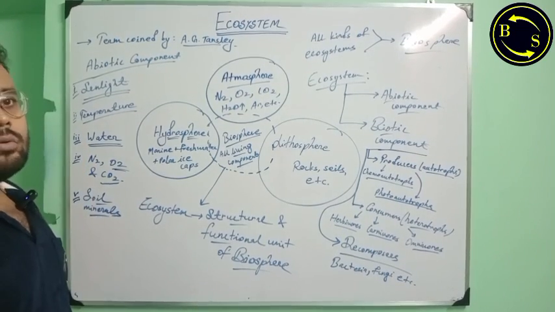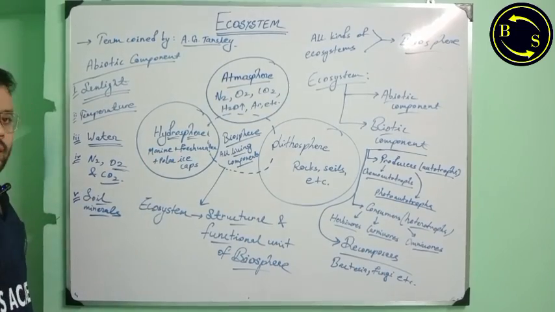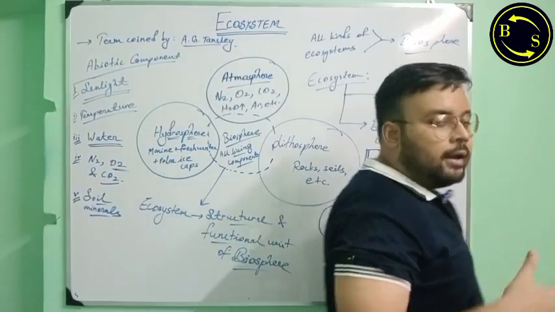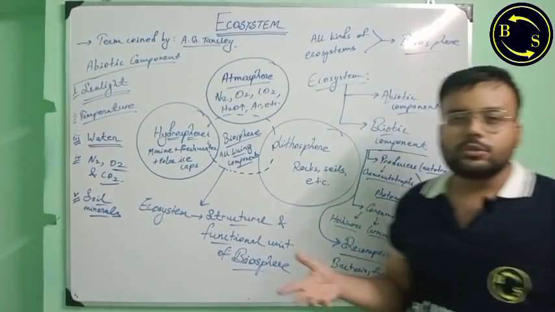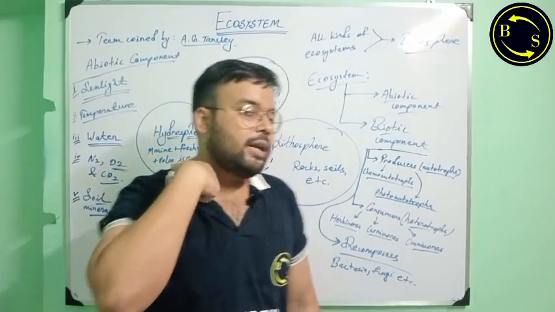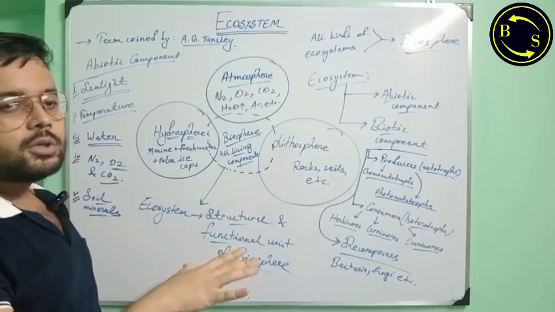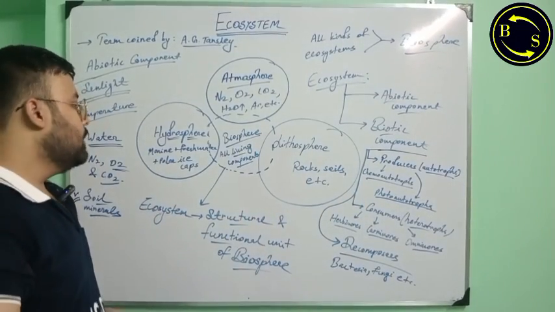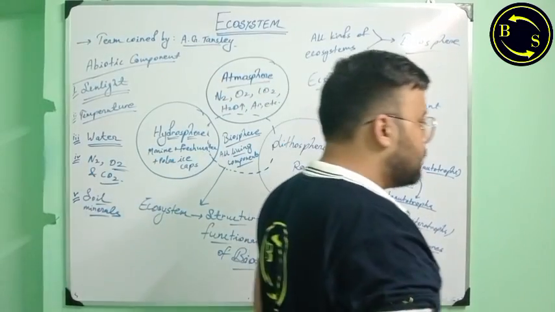Producers, in order to perform photosynthesis, capture sunlight. Only 10% of the total sunlight that falls on the producers or the photoautotrophs is utilized for photosynthesis. The rest 90% is radiated back to the atmosphere.